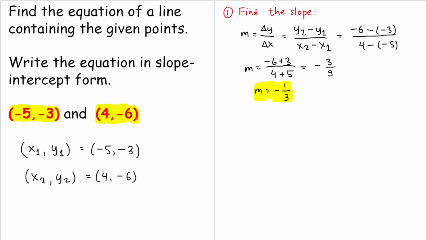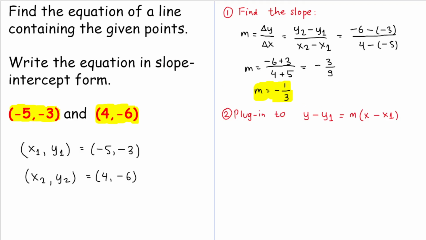And then we need to plug into the formula that we know. Remember the formula, y minus y1 is equal to the slope multiplied by x minus x1.